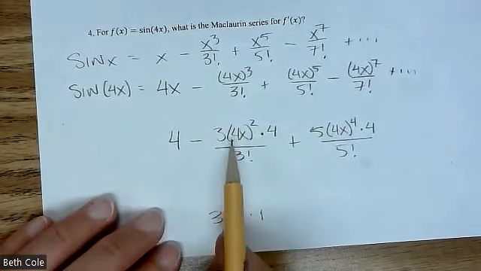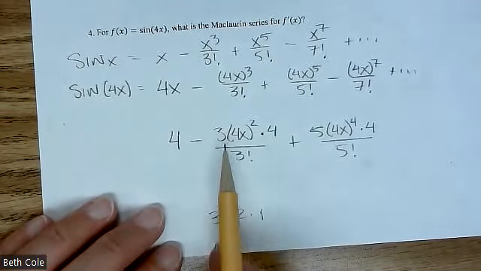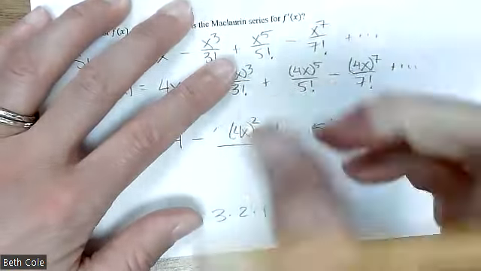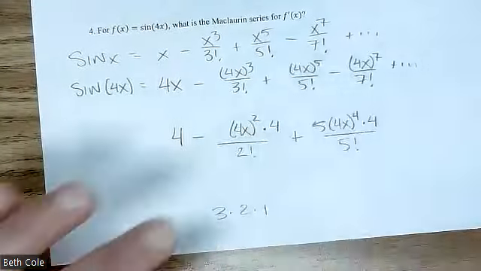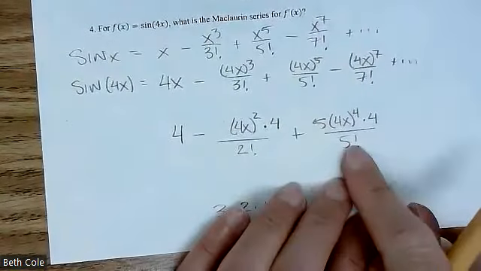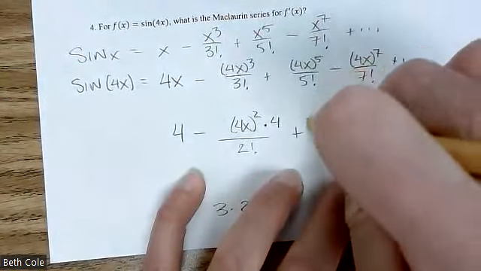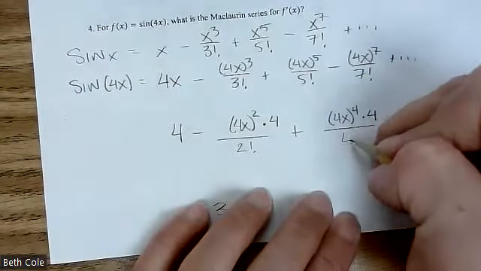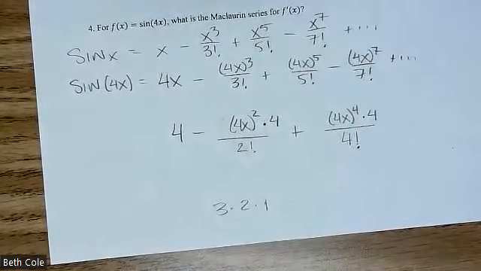So what's going to happen? Well, good. The 3's will cancel and this will become 2 factorial. And then the same thing will happen with this one. The 5's will cancel and it'll become what? 4 factorial. And so on.